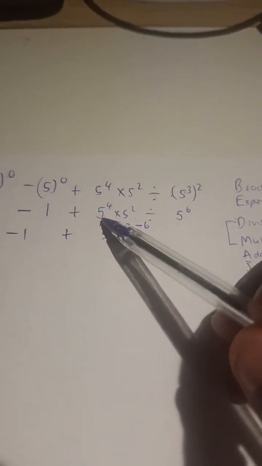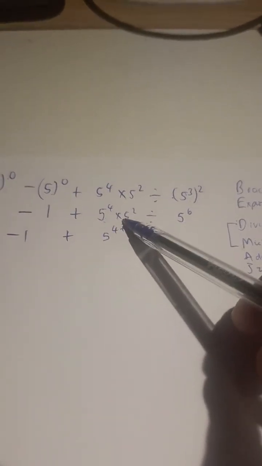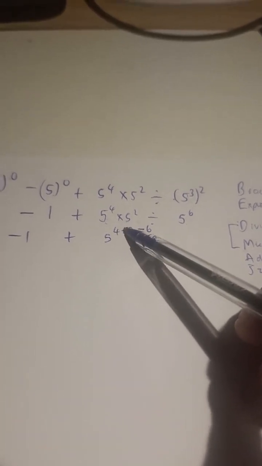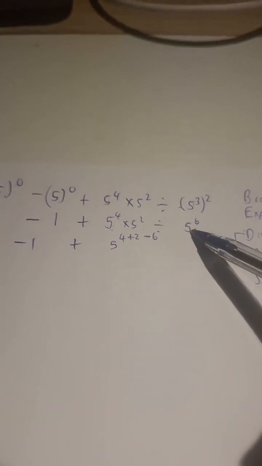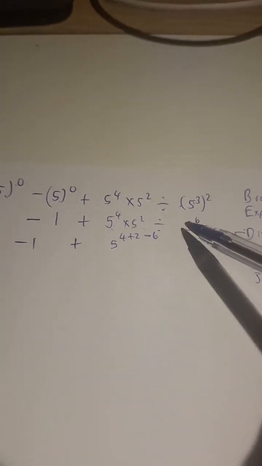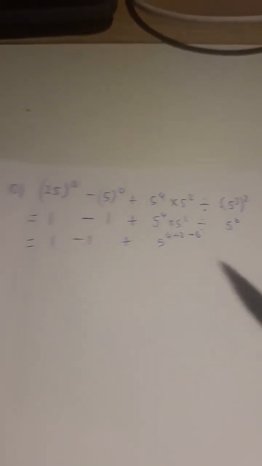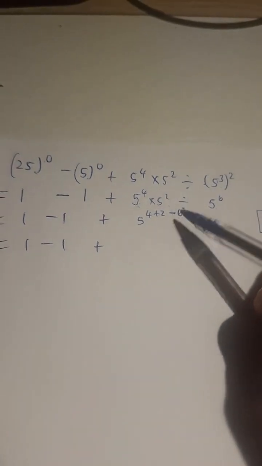Because what do you notice? These bases are all the same. 5 to the power 4 times 5 to the power 2 gives me 5 to the power 4 plus 2 as an exponent. But then since we are dividing the very same base, it then means we can subtract the exponent 6. Let's proceed. 1 minus 1 plus, now 5 to the power 4 plus 2 minus 6.